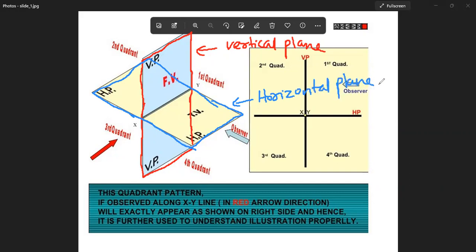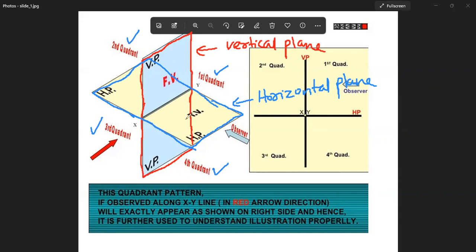This is the horizontal plane. So our space is divided into four regions, and these four regions are called first quadrant, second quadrant, third quadrant, and fourth quadrant, with the help of these two planes.